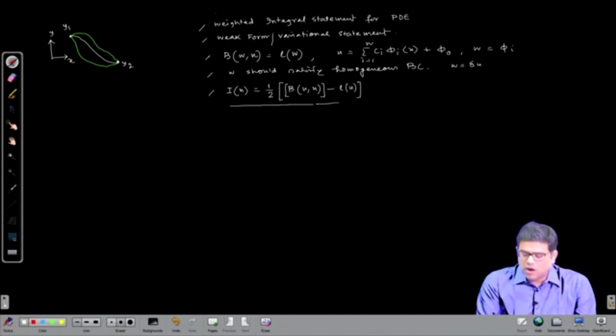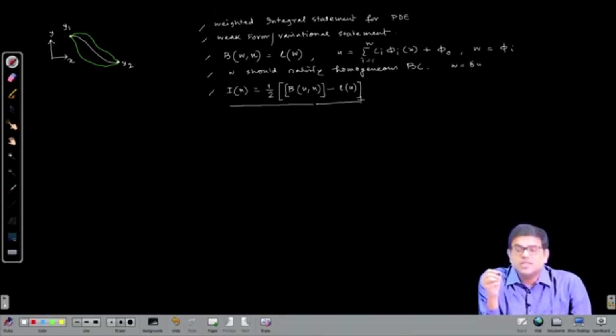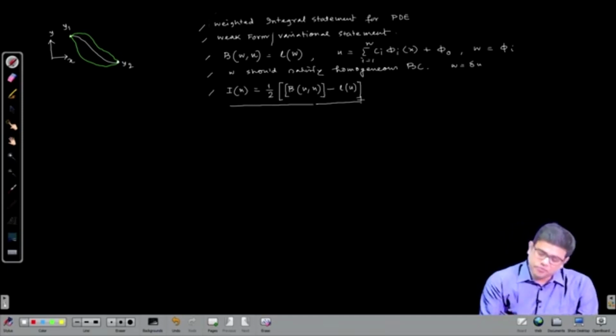So it is a minimization of the energy in that sense. It is not necessary that you can always construct this energy for a given problem. In that case, the Rayleigh-Ritz method that we studied earlier, or the weighted integral statement of a differential equation, may not always be applicable to all kinds of problems. In that case, a more generalized approach is proposed, which is known as the weighted residual method.